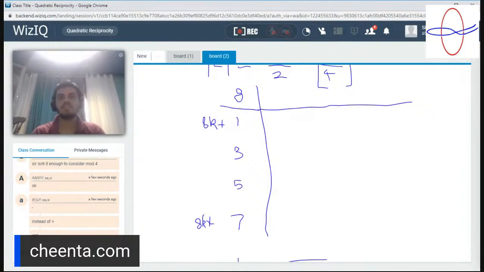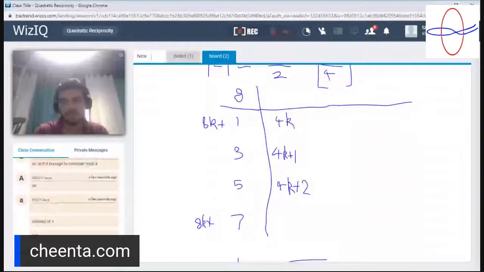So mod 8, we do the same thing. We have (p minus 1) by 2 would just be equal to 4k here. 8k plus 3 would be 4k plus 1. 8k plus 5 would be 4k plus 2, and 8k plus 7 would be 4k plus 3.